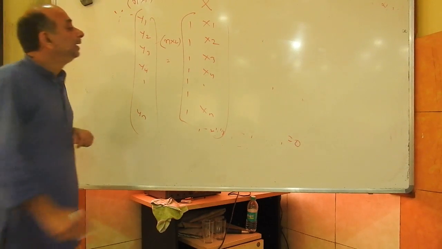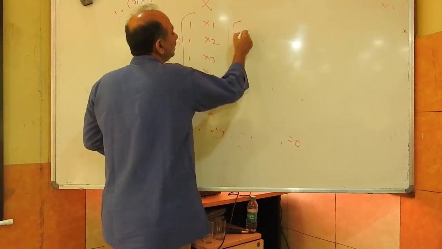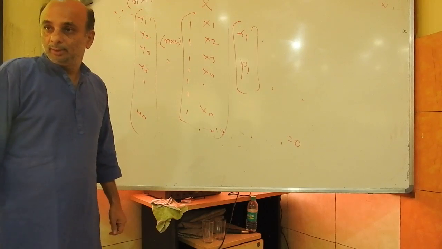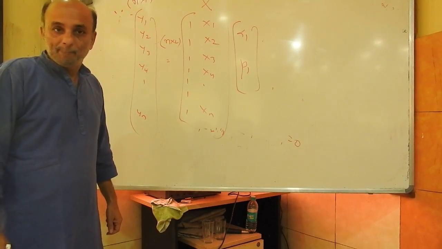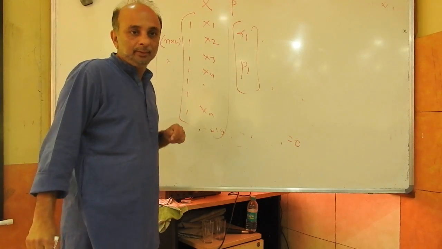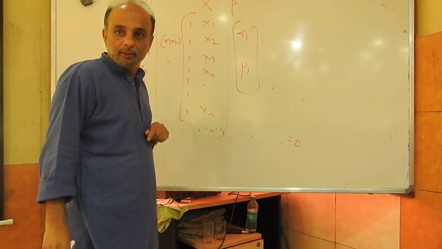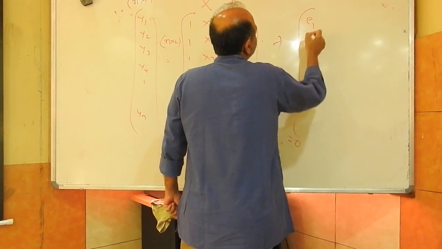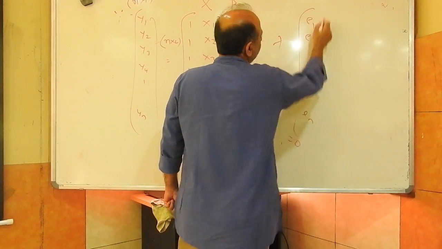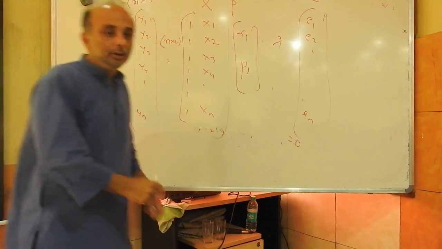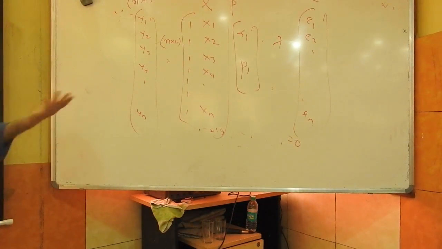Right? If I multiply this with alpha 1, beta 1, okay, and if I call this beta, okay, plus say E1, E2, E3, En, and this whole thing I call E. So if you multiply the first, what will you get?